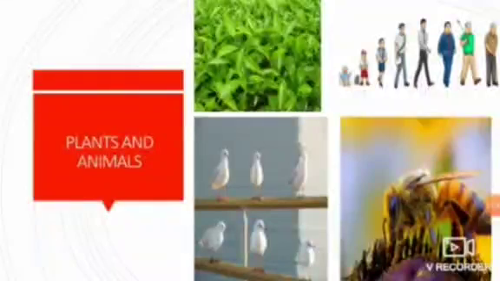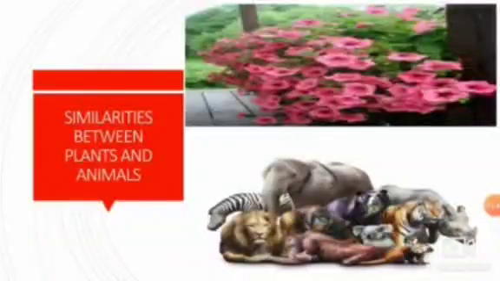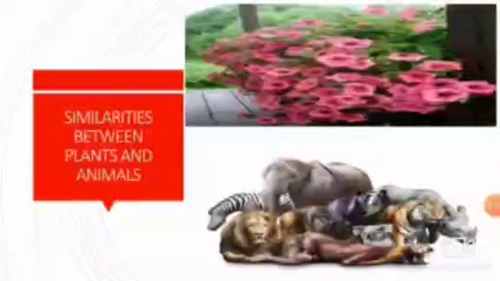Now let us continue with the similarities between plants and animals. Here you are seeing the pictures of some plants and animals. In the last session, we learned that all plants and animals are living things.